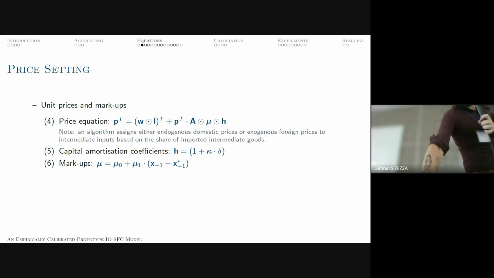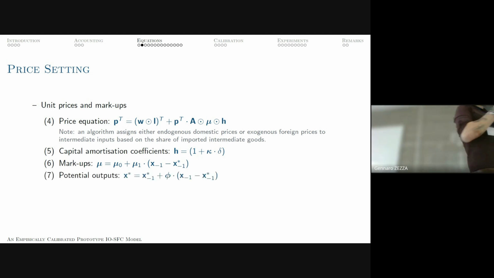However, in this model, potential output tends to adjust to current output. So over time, this gap is closed and markups go back to the initial state. So we have a temporary effect of demand, at least in certain industries.